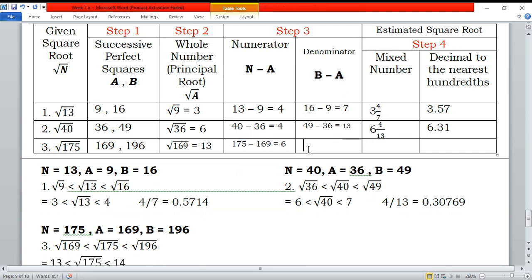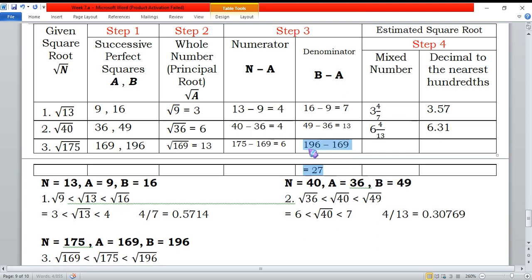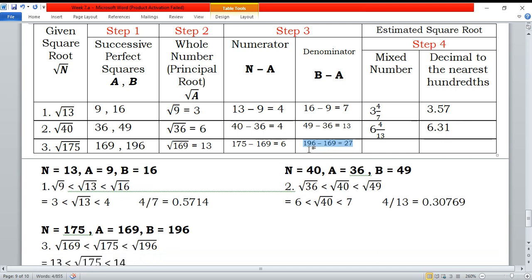Dito naman yung B. Ang B natin ay 196 minus A, which is 169. So, equals 27. So 196 minus 169 equals 27.